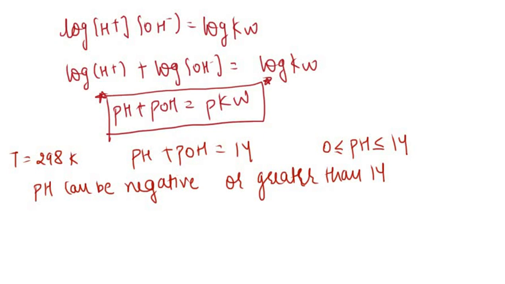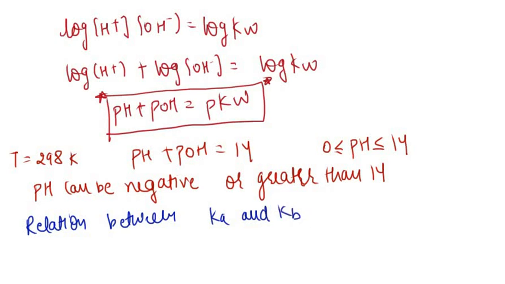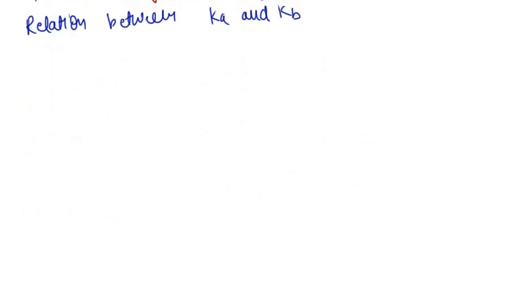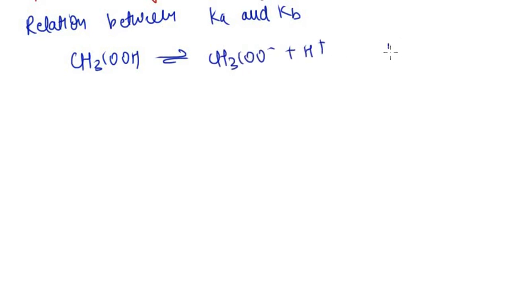What could be the relation between Ka and Kb? Let's say we have acetic acid, CH3COOH, which gives CH3COO minus plus H plus, and that is Ka.